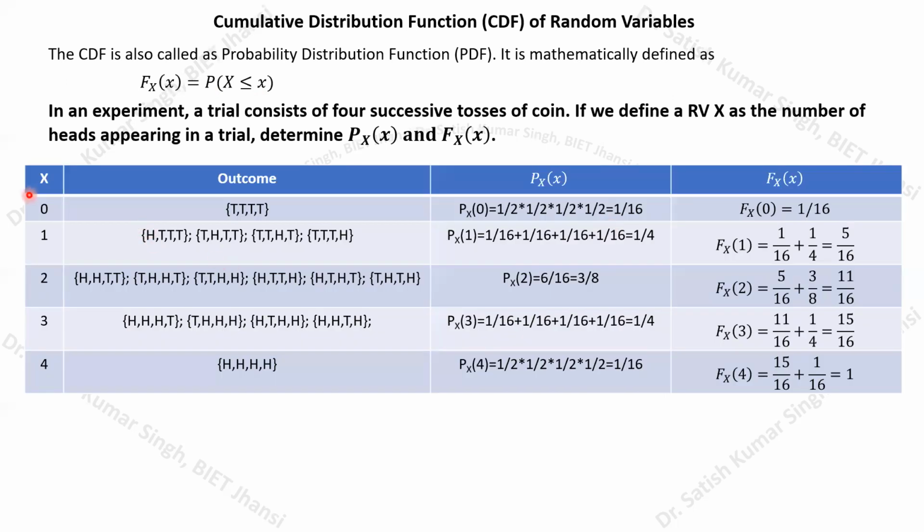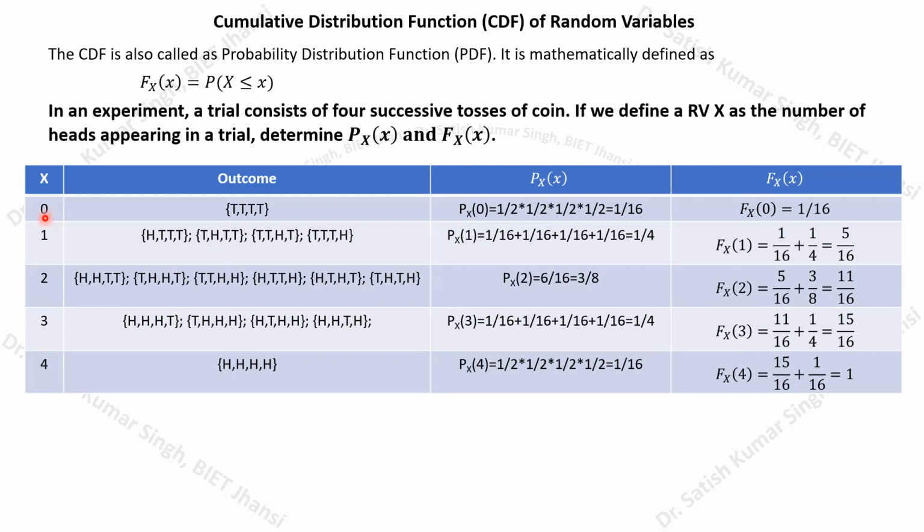Here is the random variable X. It denotes the number of heads appearing in the outcome. Let us suppose that the first outcome, when we toss the coin 4 times successively, is tail, tail, tail, and tail. In that case, the number of heads is equal to 0.